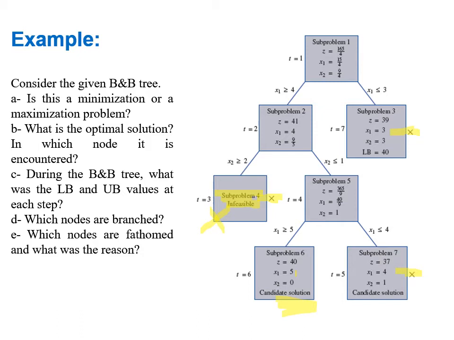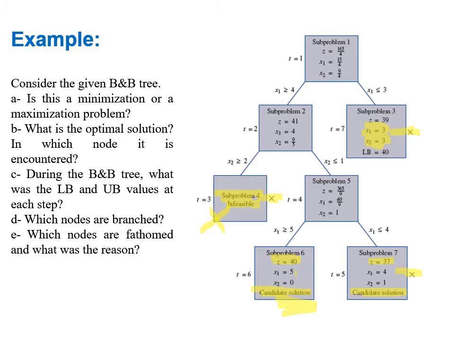Okay. The reason for fathoming subproblems 6 and 7 is that we obtained candidate solutions. And similarly from subproblem 3, we also obtained a candidate solution, an integer feasible solution. Then let's check the objective values. The first one has an objective value of 40.